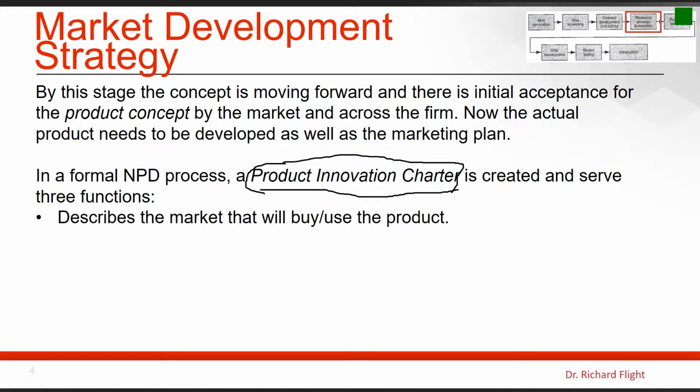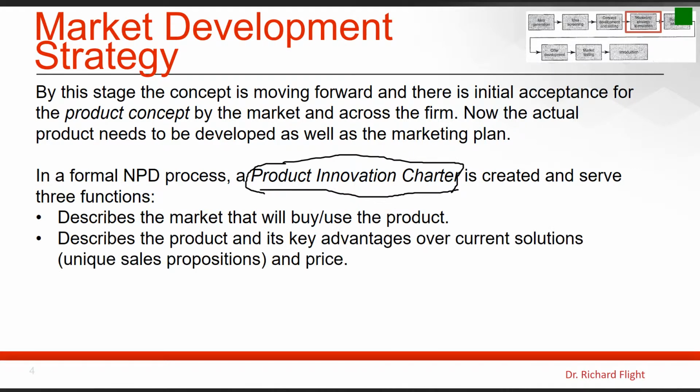It describes, and it has several components here. It's kind of like a written document that describes the specific market who will buy the product. So at this point, as I'm developing my marketing strategy, I need to know who's going to buy the product, and I want a written profile of who's going to buy the product and why it makes sense for them.